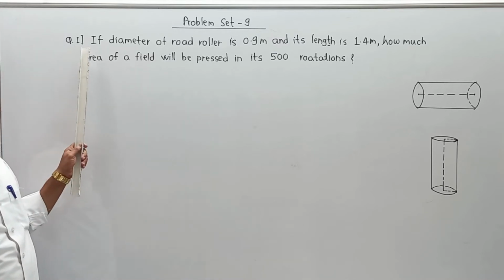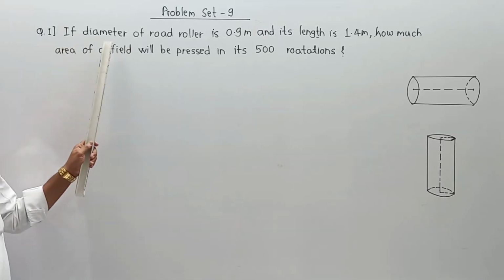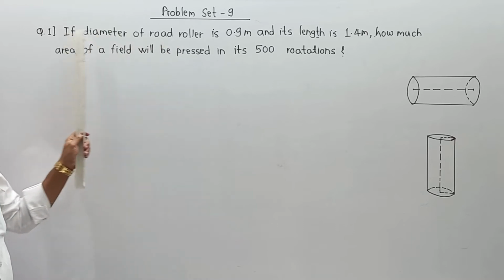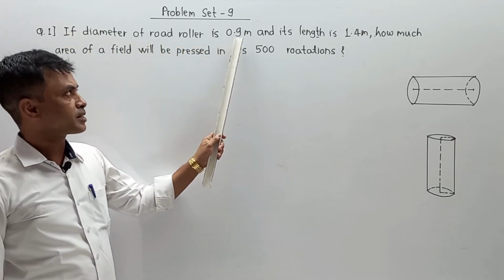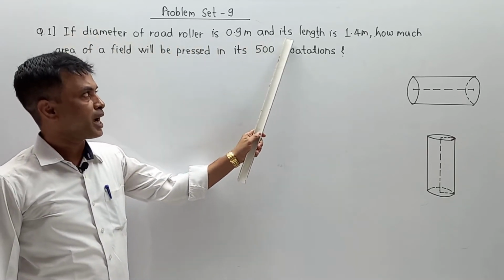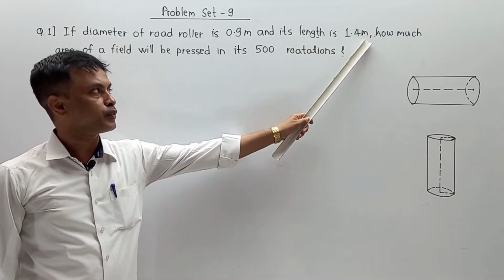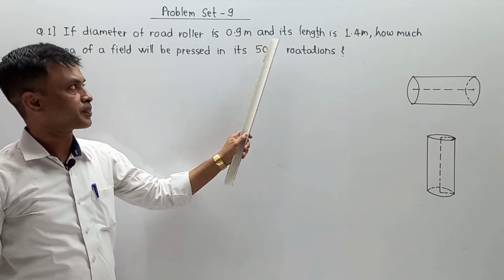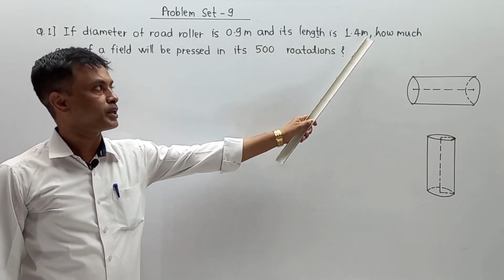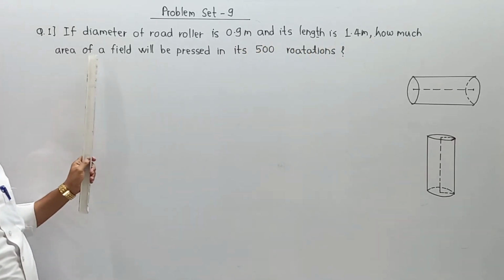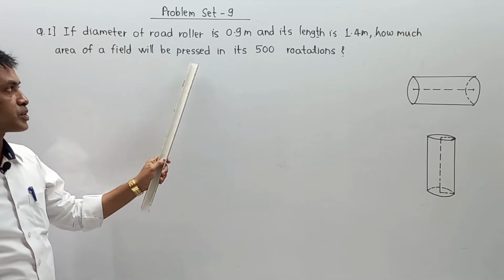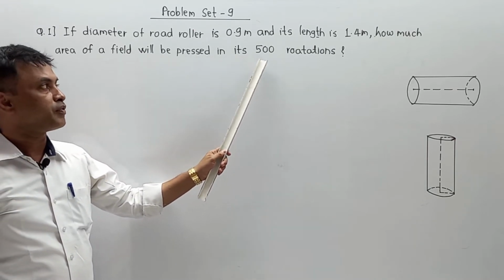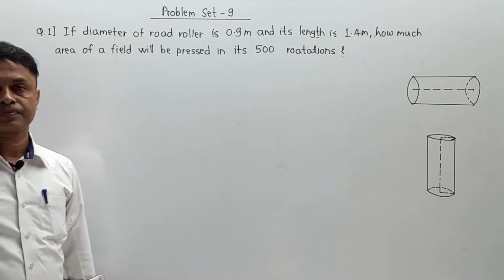So question number 1 and the part is, if the diameter of a road roller is 0.9 meter and its length is 1.4 meter, means the diameter of a roller is given as 0.9 meter and its length is 1.4 meter. How much area of a field will be pressed in its 500 rotations?